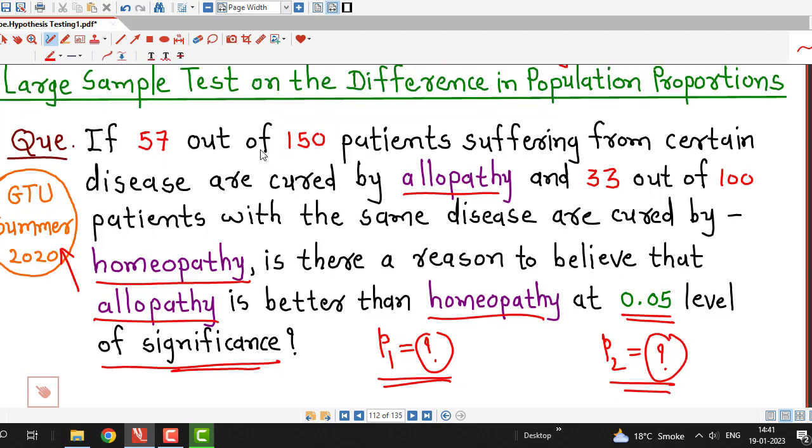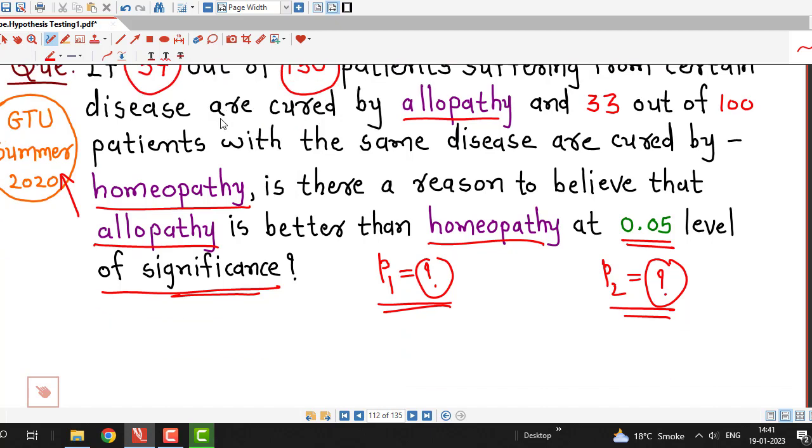For allopathy, we have a sample of 150 patients, and out of those 150 patients, 57 are cured by allopathy. So here we can consider N1 equal to 150.